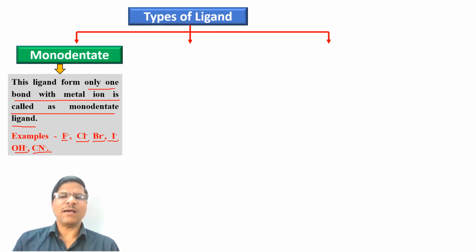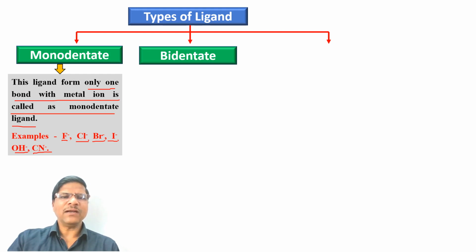All these are examples of monodentate ligands. Each of them forms a single bond with the central metal ion. You can add a few more, such as thiocyanate, which is also a monodentate ligand.